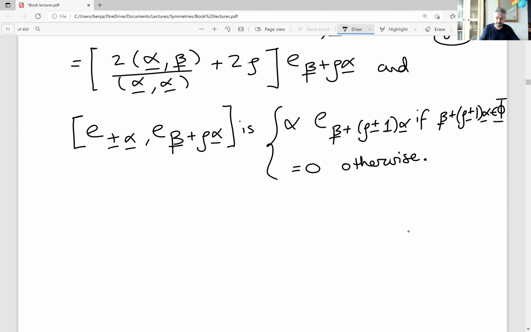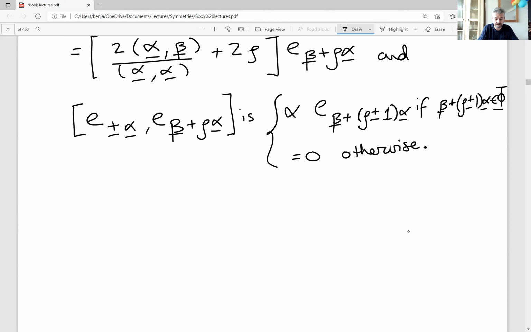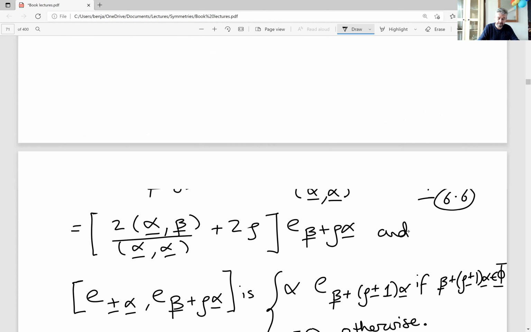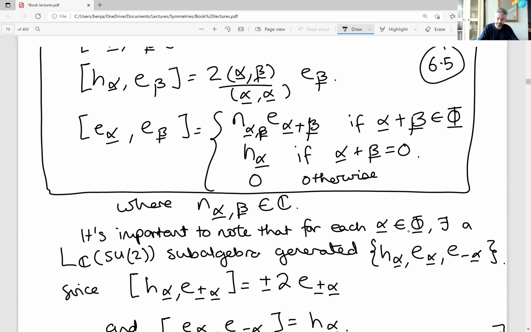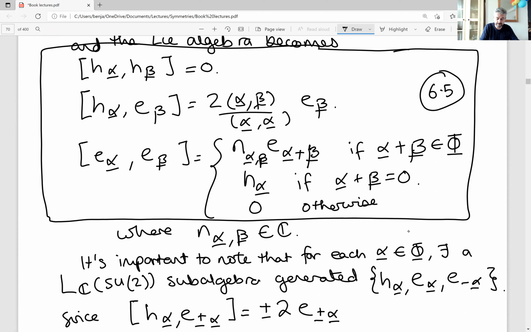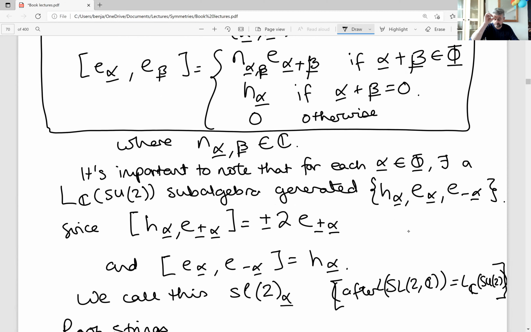There is this other case in 6.5, which is when beta equals minus alpha, but we're not considering that case from the point of view of the root string. Beta has to be a non-zero root.